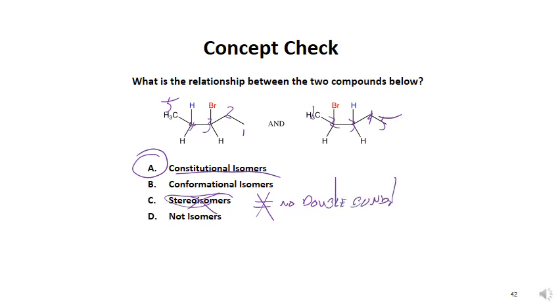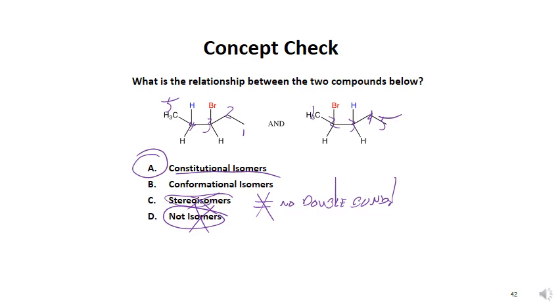Are they isomers? Sure. Count up the number of carbons, hydrogens, and bromines. They're the same. So the question is whether it's a conformational or constitutional isomer. Conformational would be just how they're stuck together, or how you would draw it.